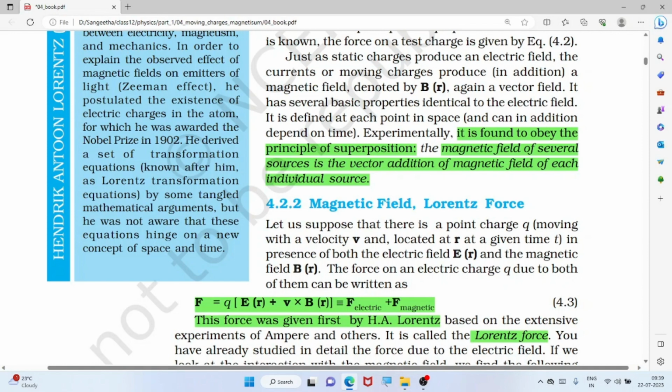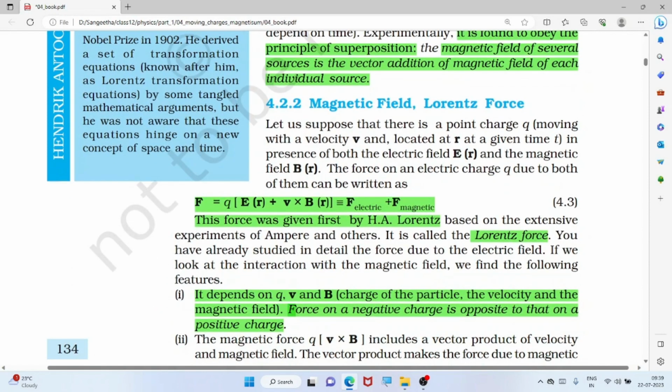If you have more charges, then it is the superposition. The magnetic field of several sources is the vector addition of the magnetic fields of the individual sources. This is the principle of superposition. And this is the Lorentz force.